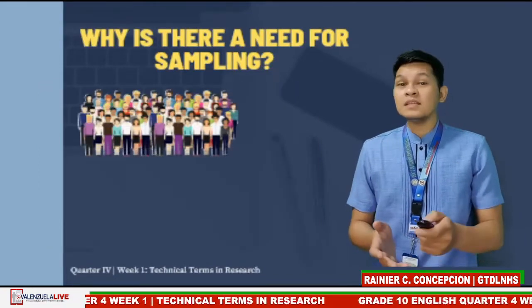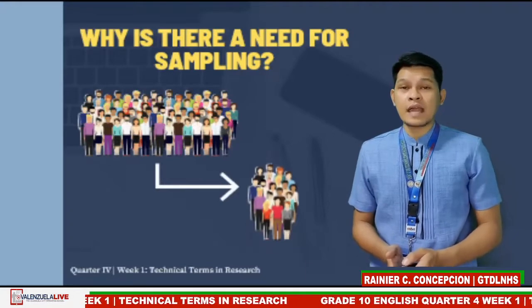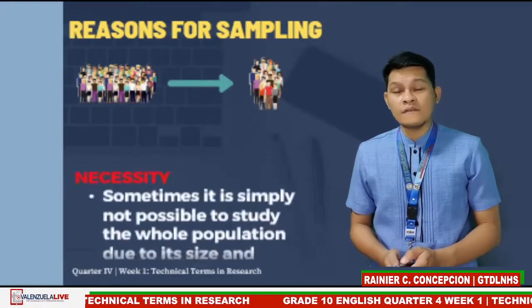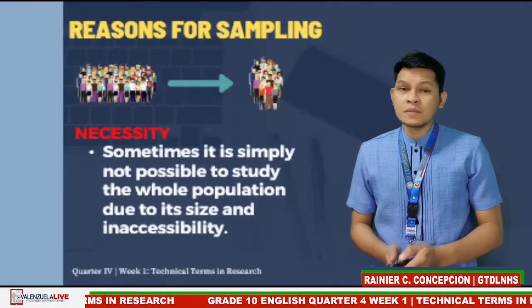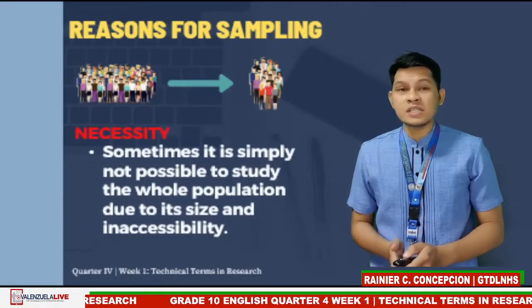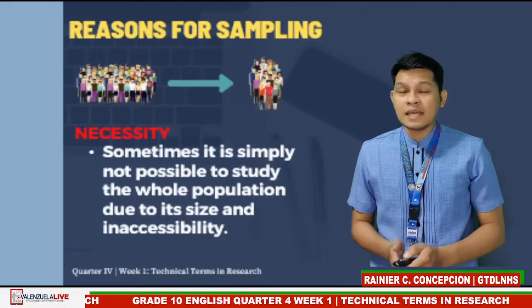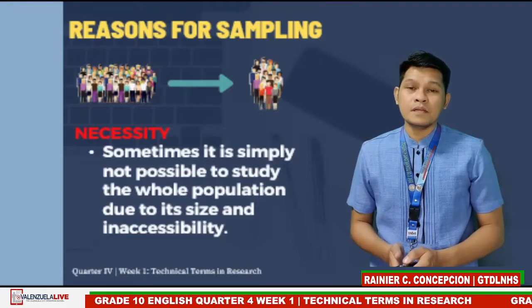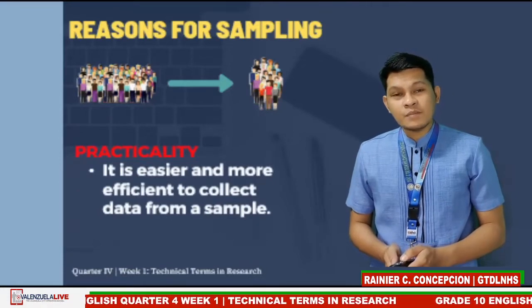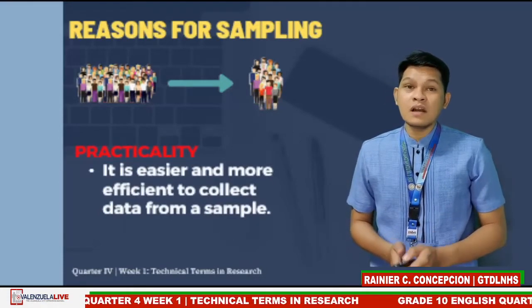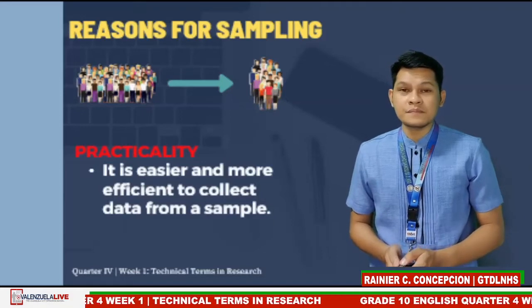Now, why is there a need for sampling? Well, basically there are 4 reasons why sampling is necessary. Number 1, because of necessity. Sometimes, it is simply not possible to study the whole population due to its size and inaccessibility. Second, for practicality. It is easier and more efficient to collect data from a sample than a population.